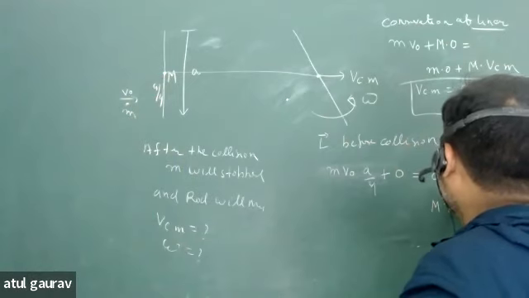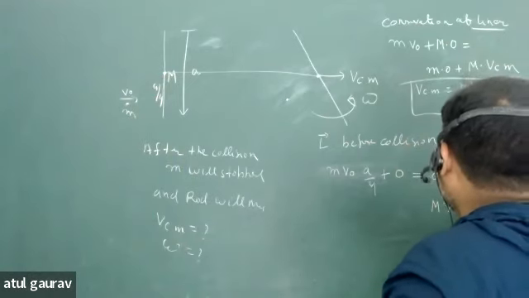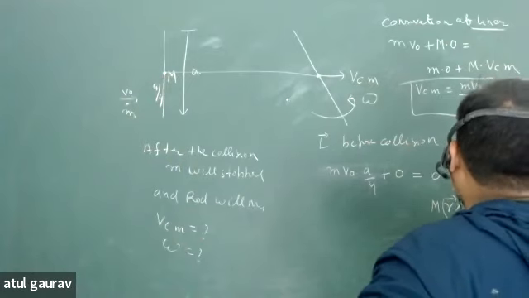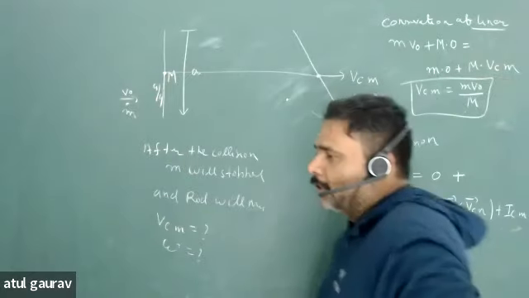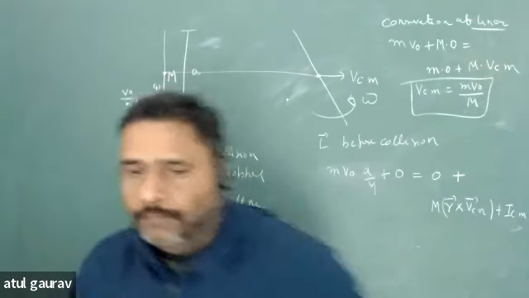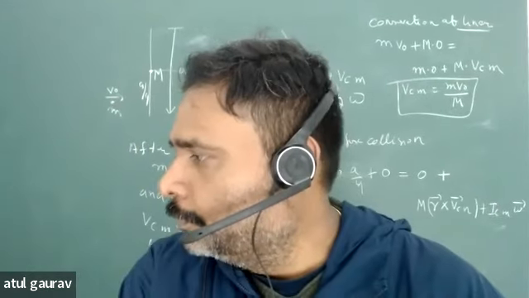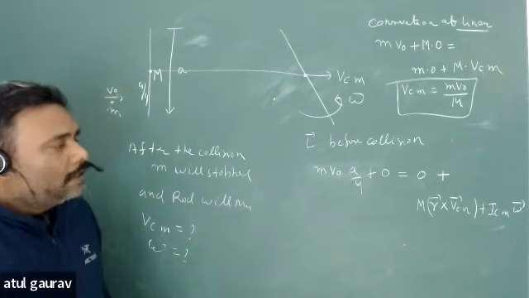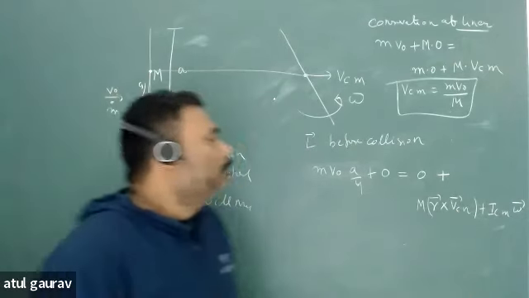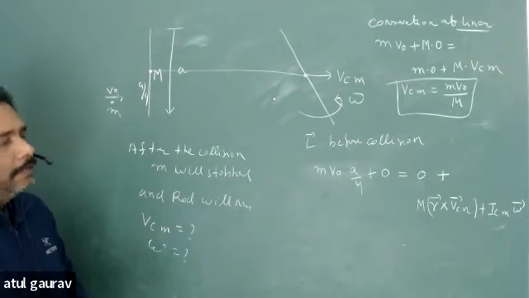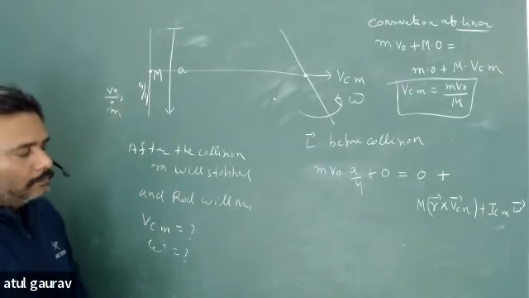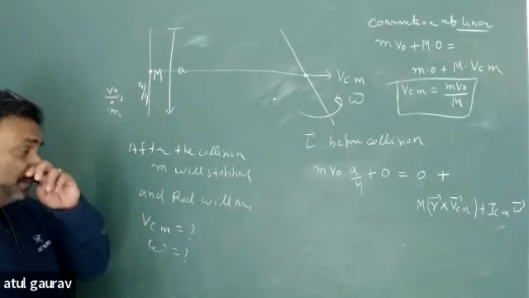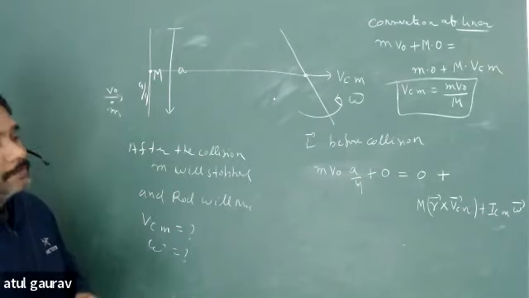M R cross VCM plus ICM ओमेगा, क्योंकि ये रिजिड बॉडी है. सही लिख रहा हूं या गलत लिख रहा हूं? नाउ जस्ट टेल मी व्हाट विल बी R क्रॉस VCM. क्या होगा ये?